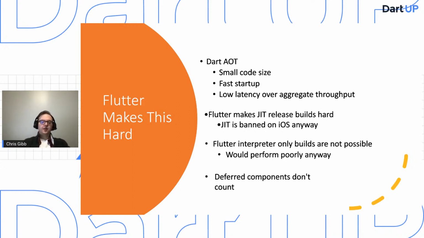Flutter also makes JIT release builds very hard to do out of the box. And even if you do JIT release builds, JITting is banned on iOS anyway, so it's not really a viable option. Flutter interpreter only builds are not possible. Even if they were, they would probably perform very poorly. And again, before someone on Twitter mentions this, deferred components don't count as alternative distribution.